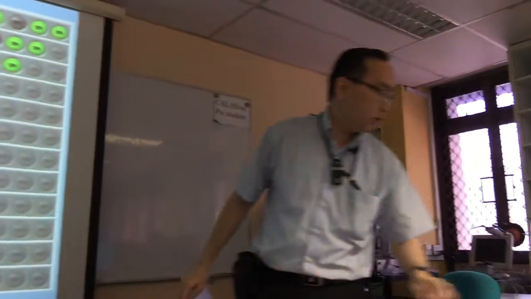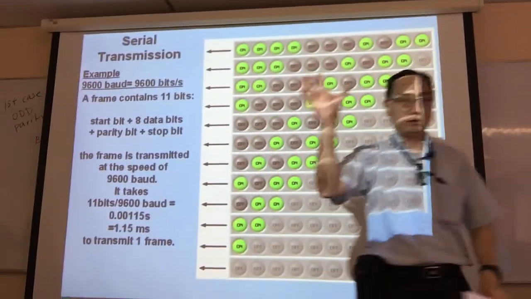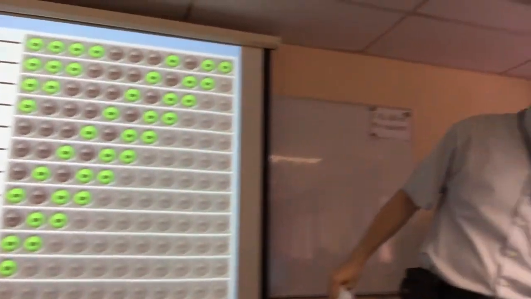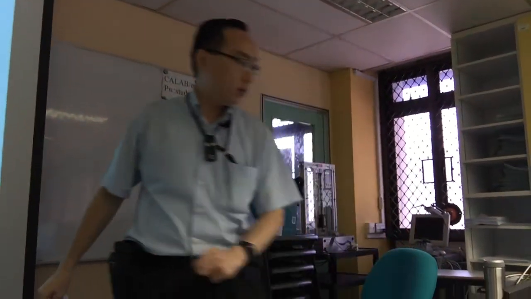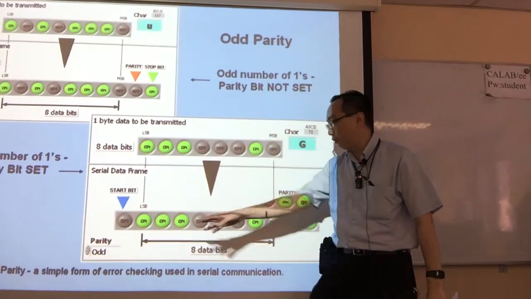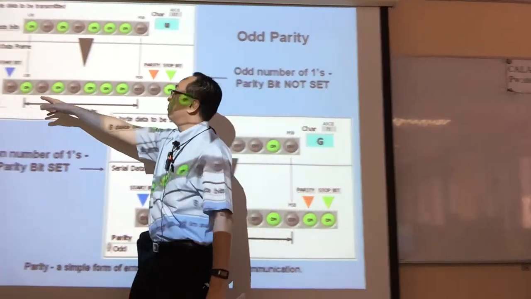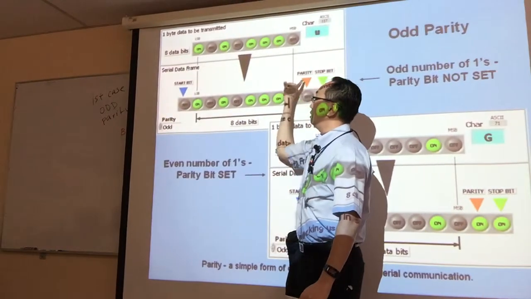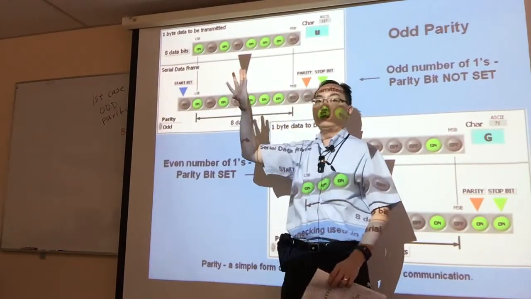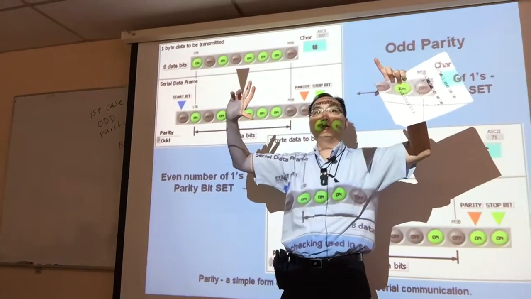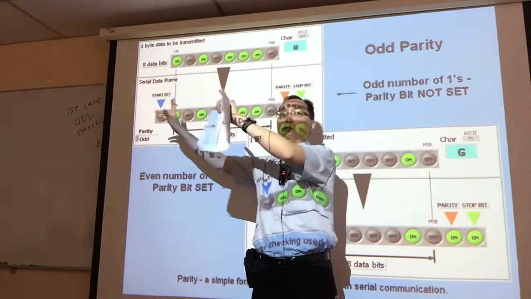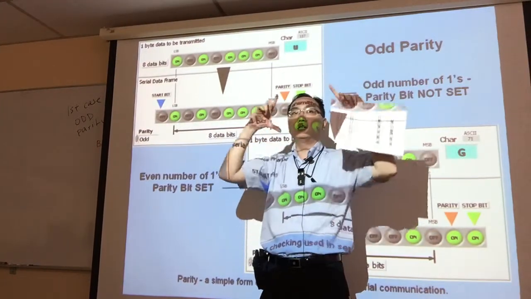Okay, now this is what I mean. Let's say, for example, if you look at just now the character, if you go back again to this one. Now this is called a frame. Sorry, this one is called 1 frame. This is another frame. Because in order to transmit the character, you need the whole lot to send. Not 1 bit only, wrong, 1 bit correction.